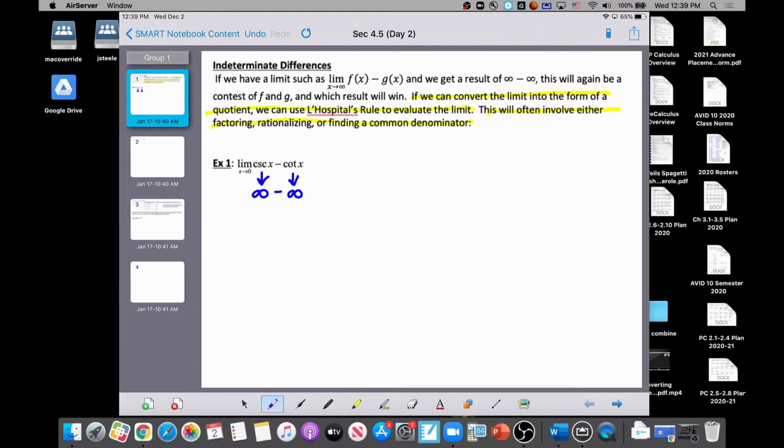Since we have trigonometric functions here for f of x and g of x, let's start by turning everything into sines and cosines and see where that gets us. So this would be equivalent to the limit as x approaches 0 of, we already said cosecant is 1 over sine x, and cotangent is cosine x over sine x.